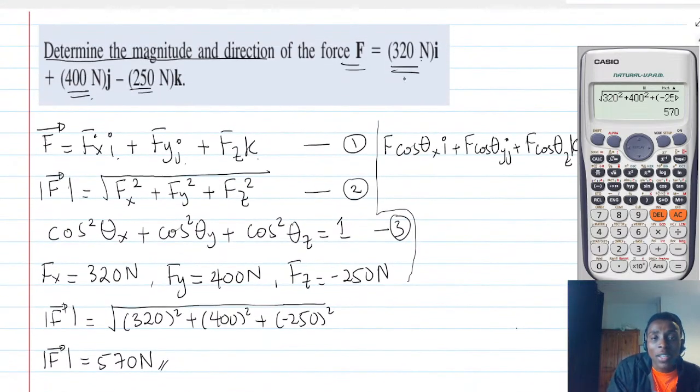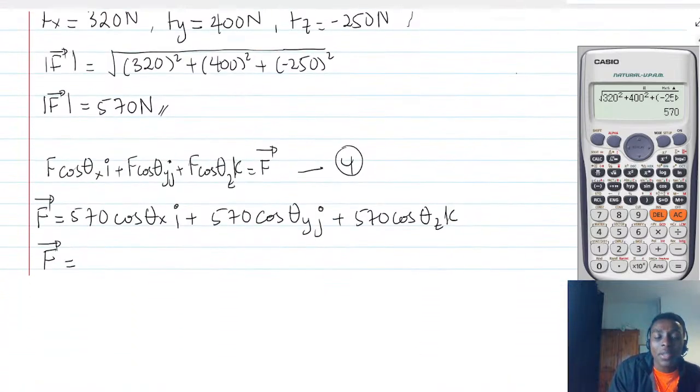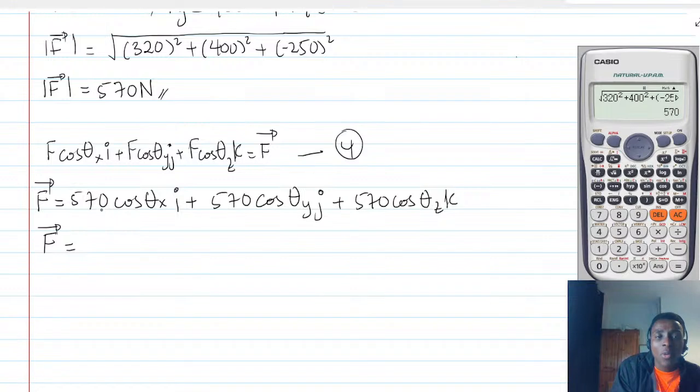We are going to pick the x component, y component, and the z component, and then compare. So if we compare, it's going to be 320 i plus 400 j minus 250 k.